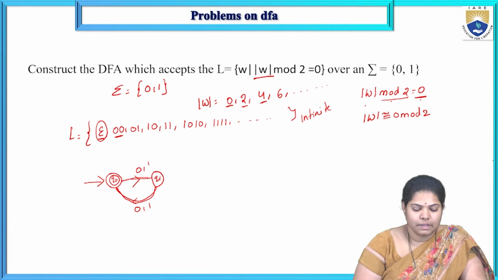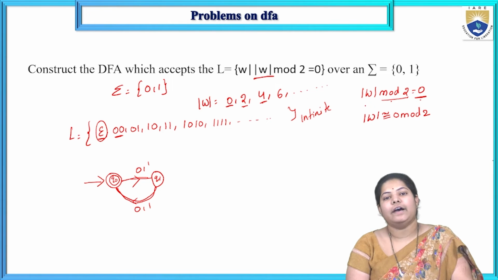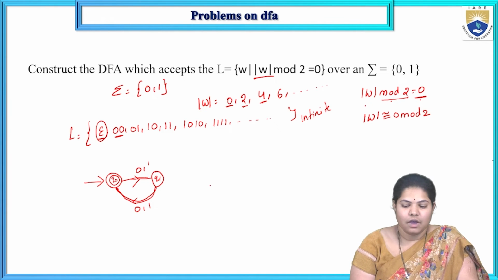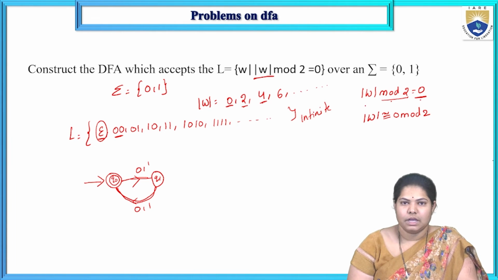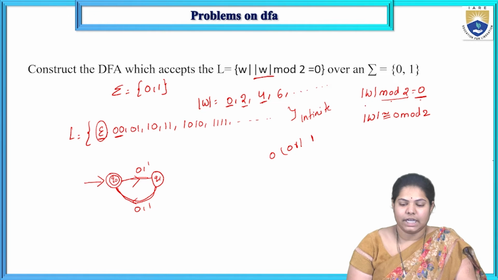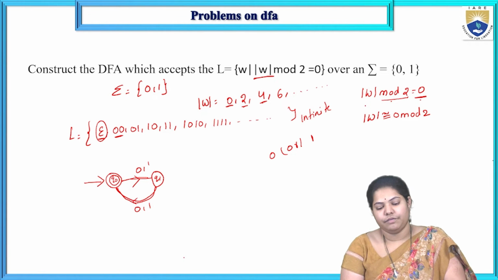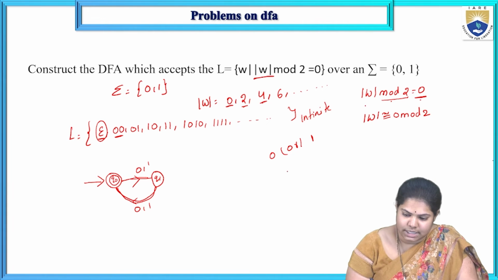Okay, clear? One more thing I have to mention here: when a number is divisible by 2, we get 2 possible remainders, that is either 0 or 1. That is the reason why this DFA, when dividing by 2, has only 2 states.